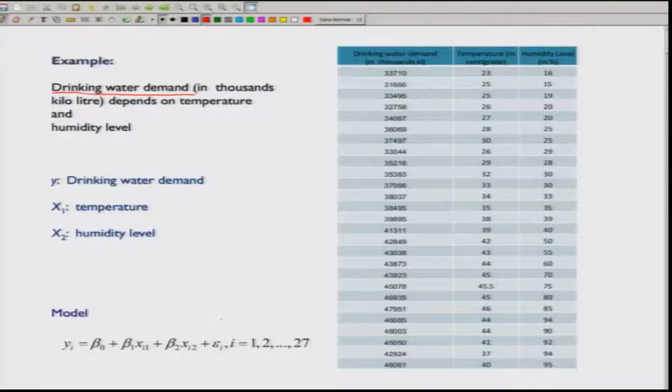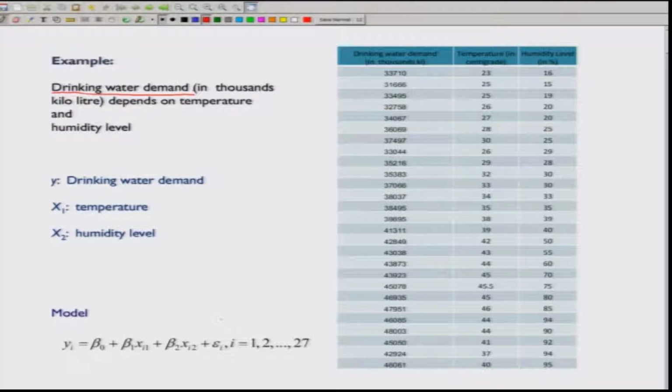You may also recall that in the case of linear regression model, we also considered a similar example in which I had taken only one variable, that is temperature, and now I am going to consider the second variable as a humidity level, and that is measured in percentage.